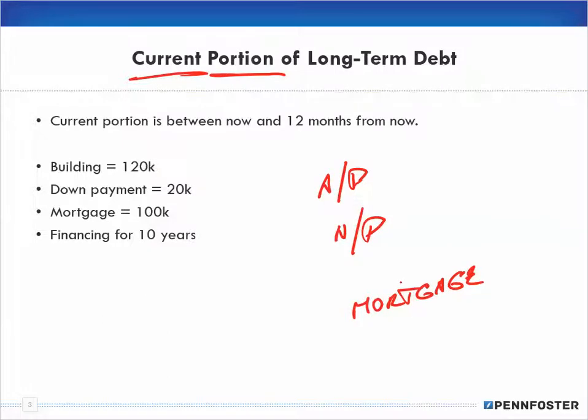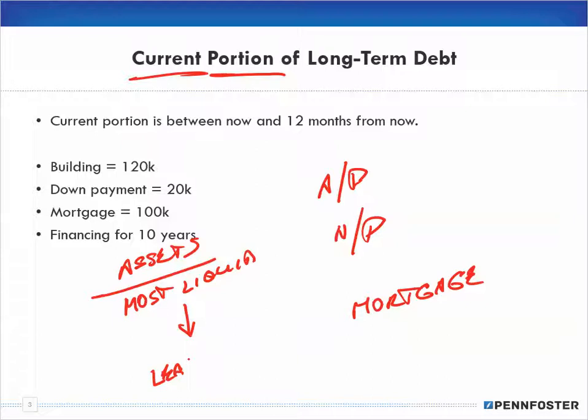These are the first things that pop into your mind, but realize that they're arranged on your balance sheet just like your assets are, from the most liquid to the least liquid. Liquidity is the conversion to cash. So cash is the most liquid, which is why it's the first thing on your balance sheet or your trial balance.